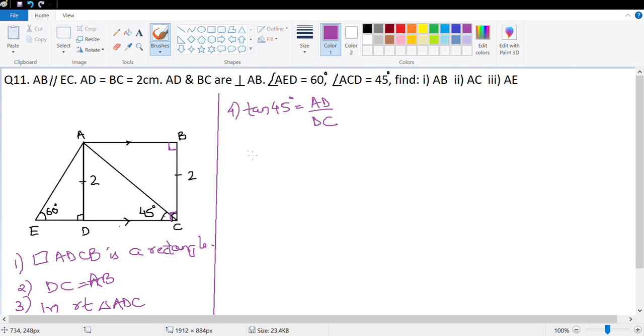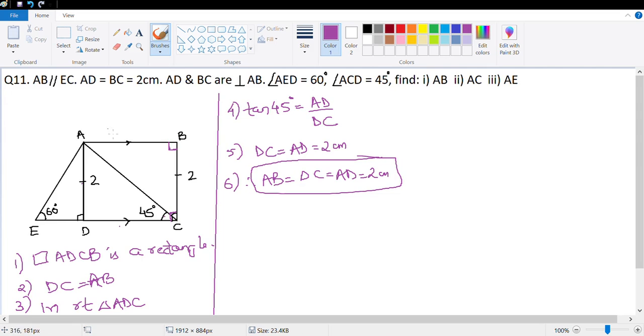Tan 45 is 1, which means DC is equal to AD is equal to 2 centimeter. Therefore, AB is equal to DC is equal to AD is equal to 2 centimeter. So we've got the first answer, AB is equal to 2 centimeter.